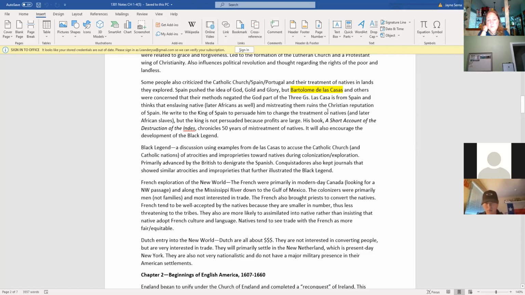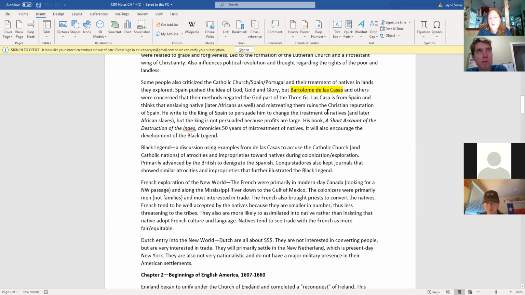Las Casas was in the Americas for over 50 years and was disturbed and concerned about how the conquistadores treated the natives, because often they just killed them and stole their gold, or killed them and stole their land, or killed them and stole their women, or played baby toss, or threw spears through people to see how many people they could send one spear through.